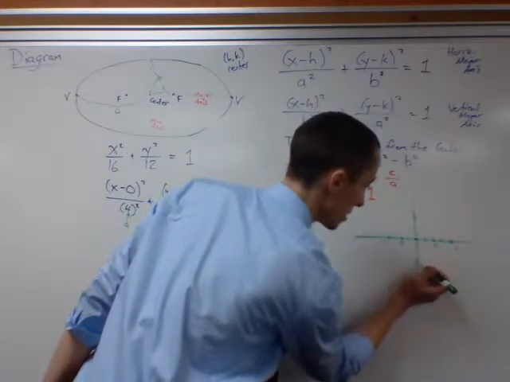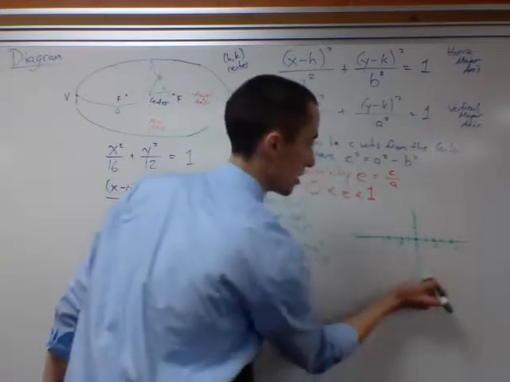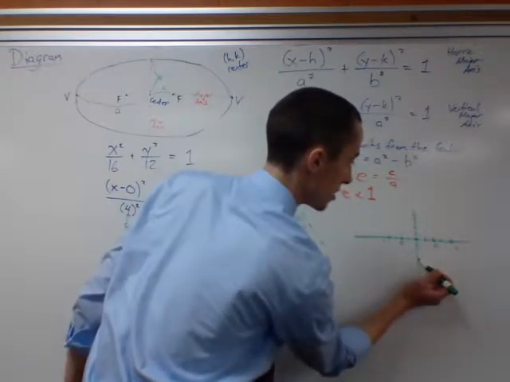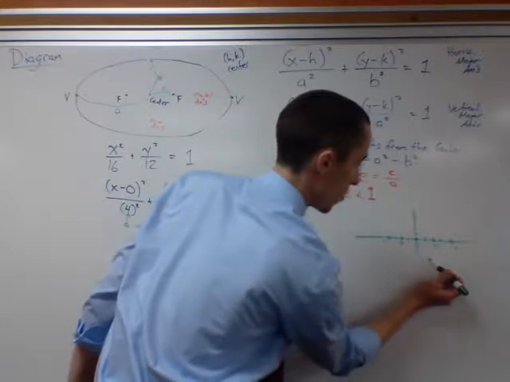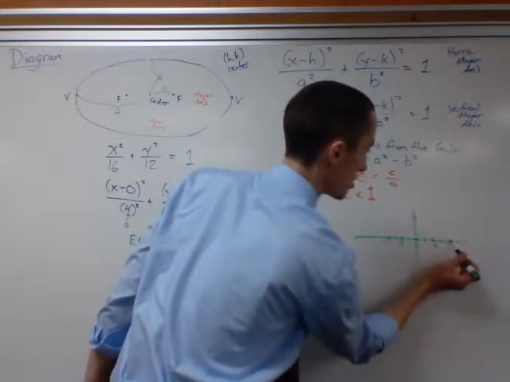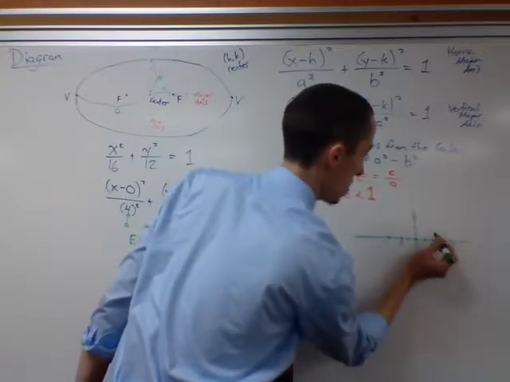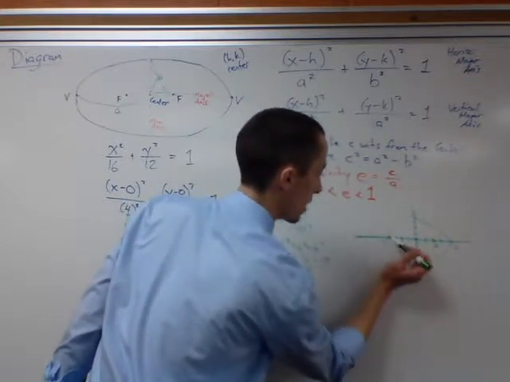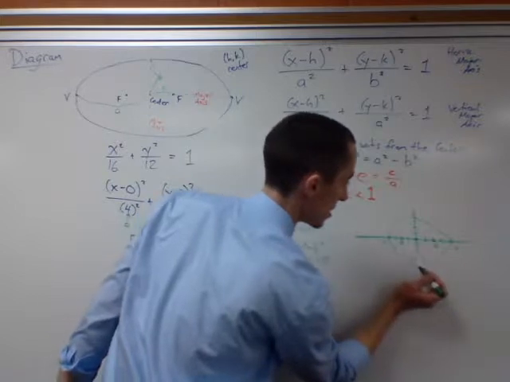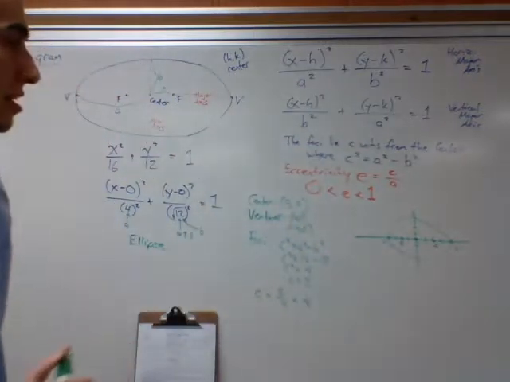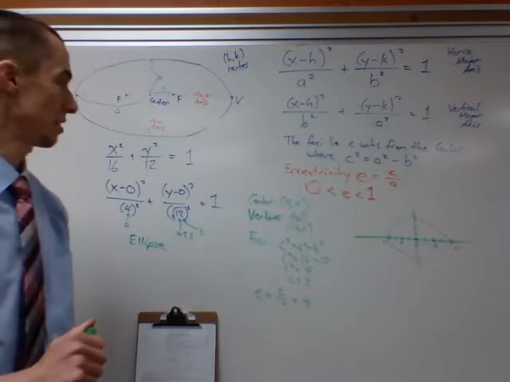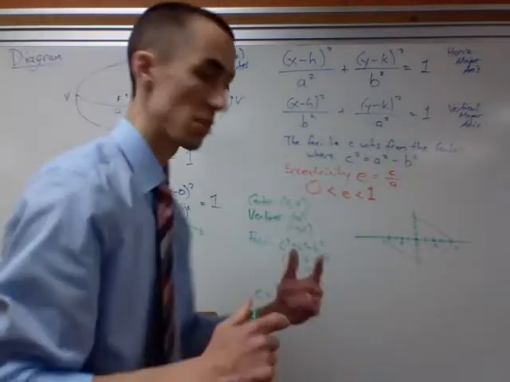And so then to complete it, we're going to go over to this endpoint of the major axis, up to the endpoint of the minor axis, endpoint of the major axis, endpoint of that minor axis. And there is a pretty lumpy, but good enough ellipse. So that's the first example.